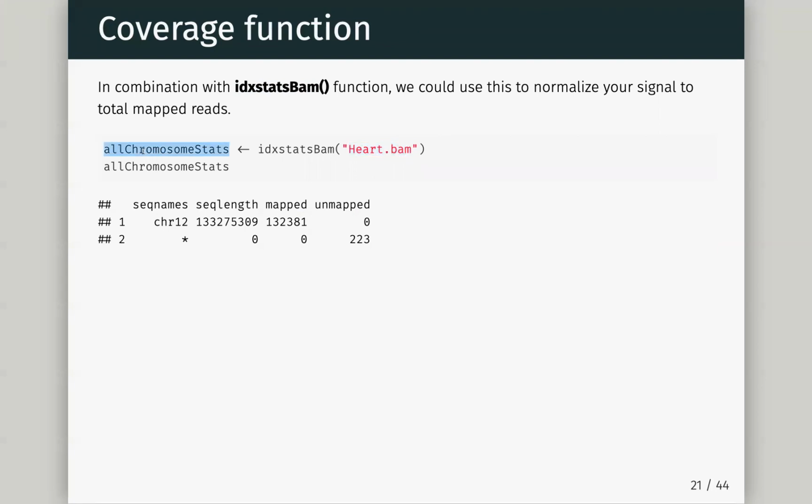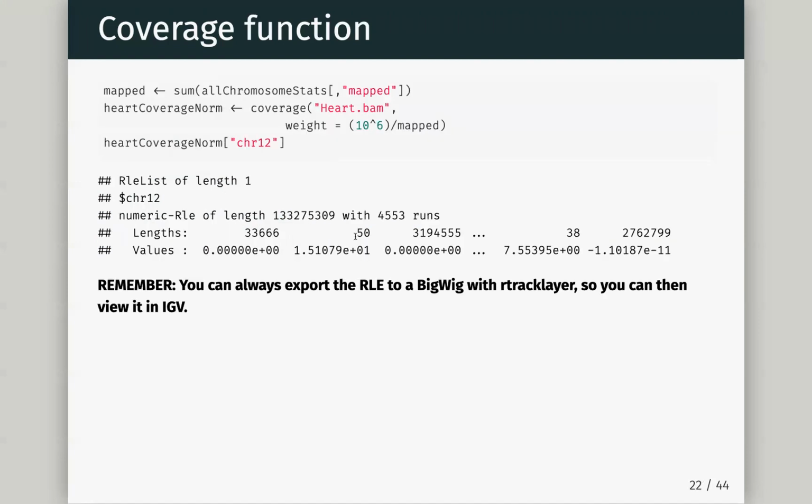It's going to read the BAI file, the binary file, and it will provide a very useful data frame of values: what chromosomes you have, how long they are, and importantly, how many mapped reads you have. This is going to be our normalization parameter. We also have unmapped, which is useful as well.